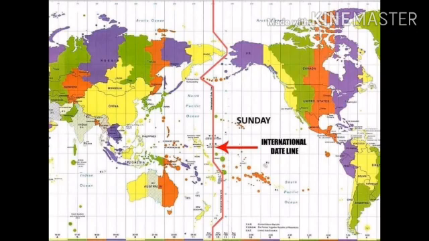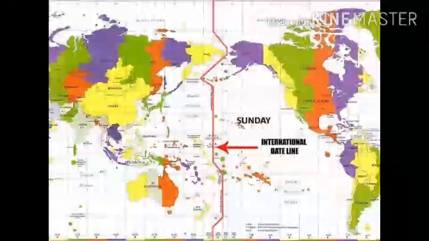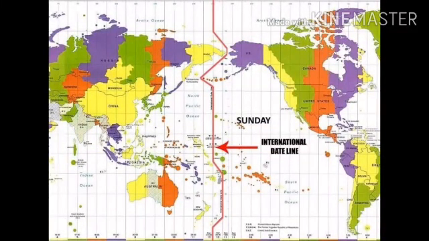Now, how does the date change? When we cross the international dateline, the date and day change. If it is 5th of June to the east of the international dateline, then on the west it will become 6th June. Why is this happening? Because the earth moves in the west to east direction.